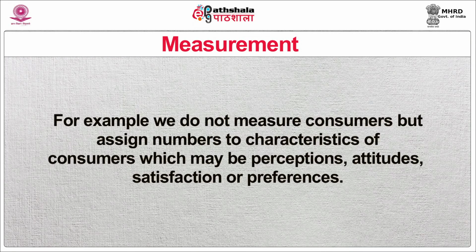For example, we do not measure consumers but assign numbers to the characteristics of consumers, which may be perception, attitudes, satisfaction, or preferences. In tourism research, measurement is done for following reasons.